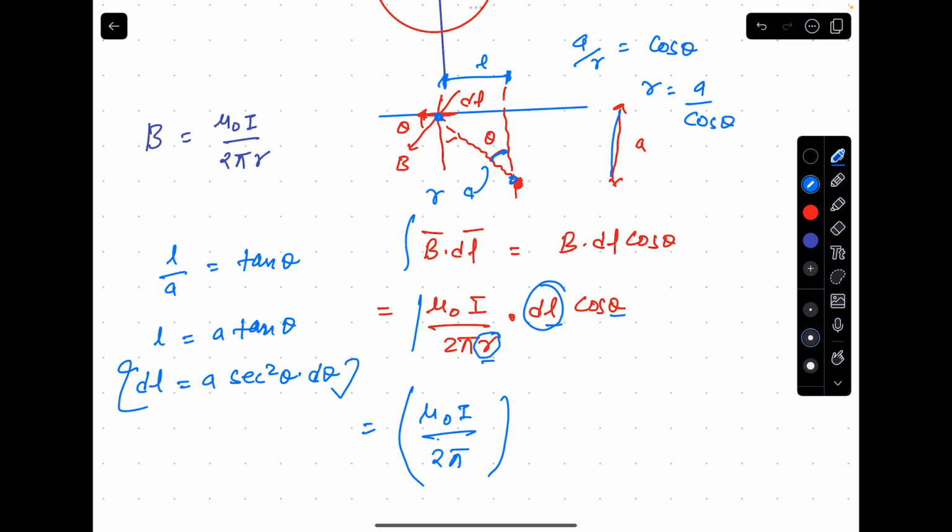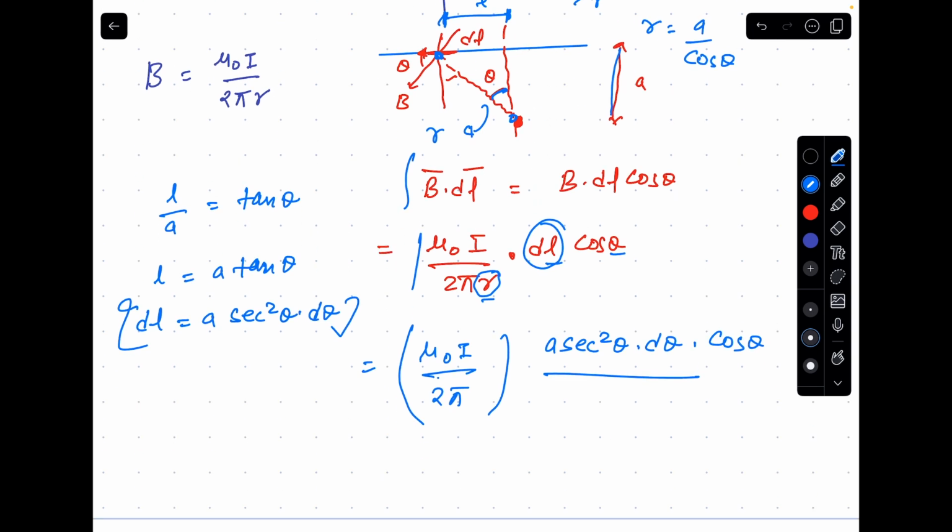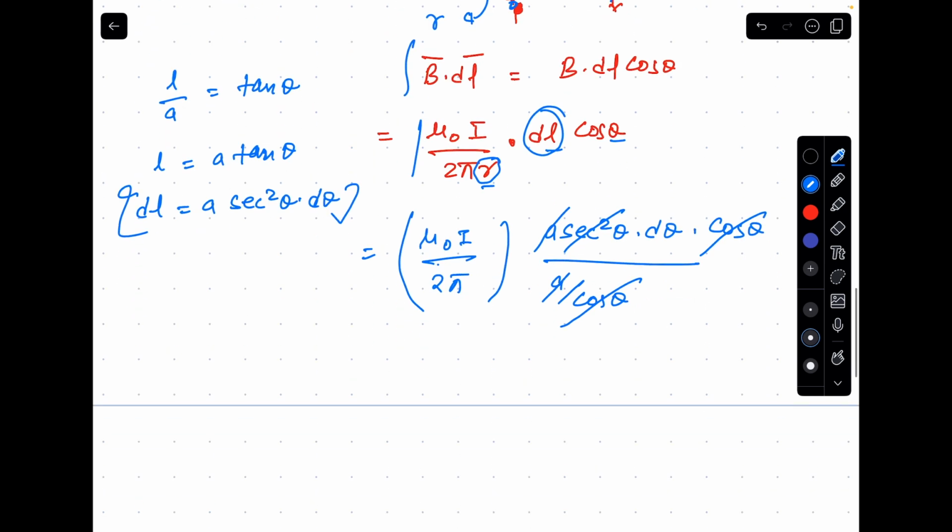Then I have dl, which is a secant square theta d theta, multiplied by cos theta divided by r, and r is a divided by cos theta. Here a will cancel out, and cos theta and secant square theta will cancel out. So finally what I get is mu naught I divided by 2 pi times d theta.